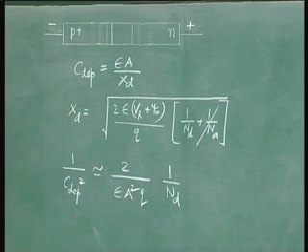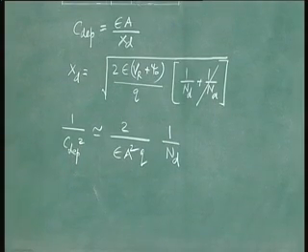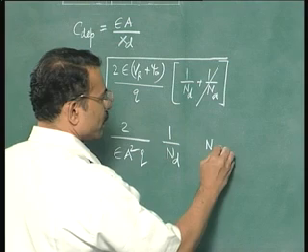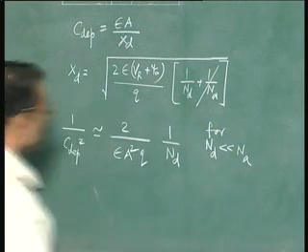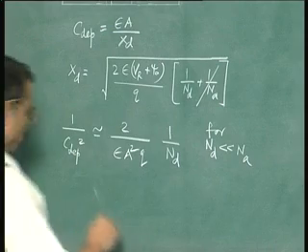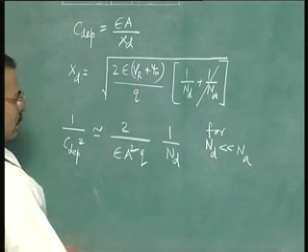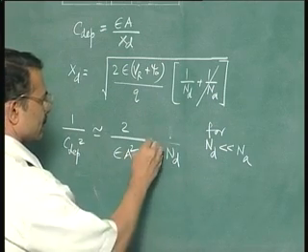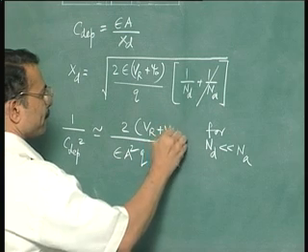This is approximately equal, so here we are assuming Nd is much less than Na.